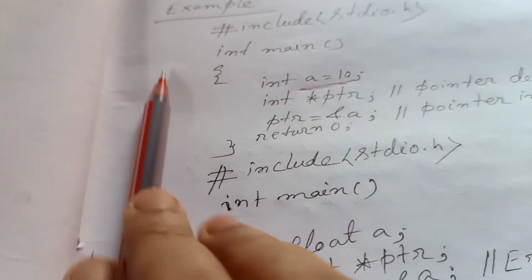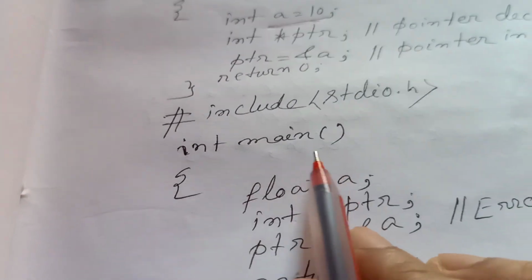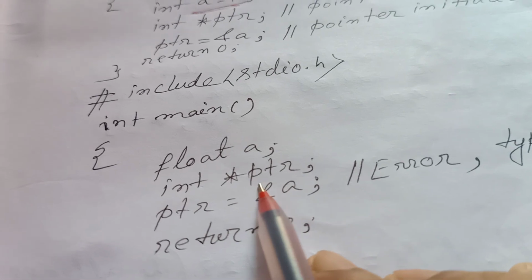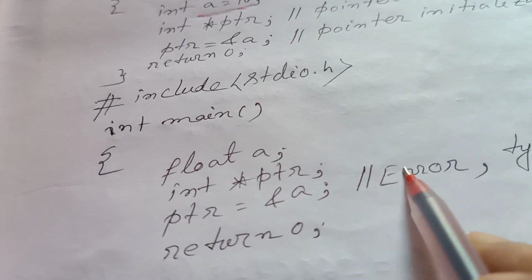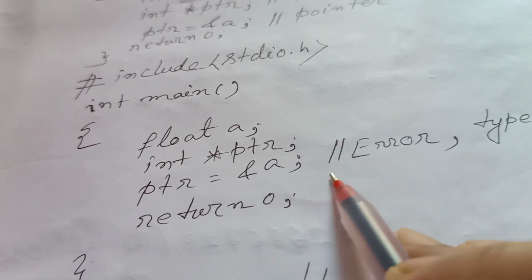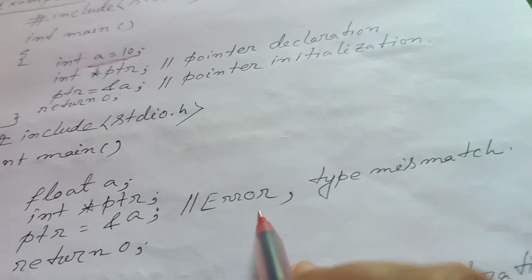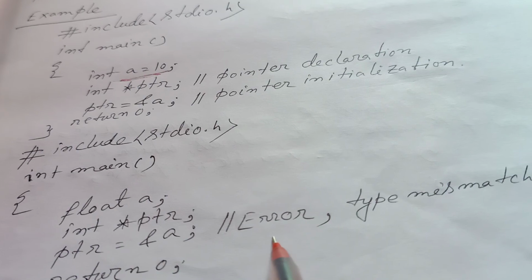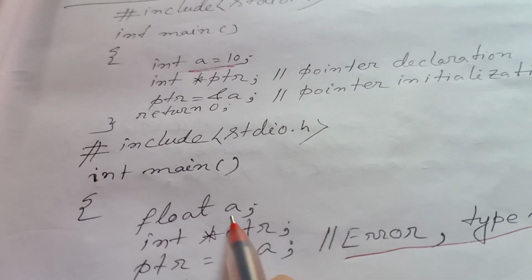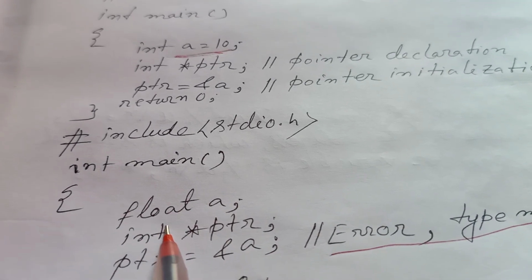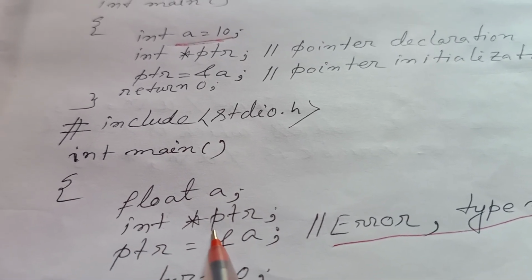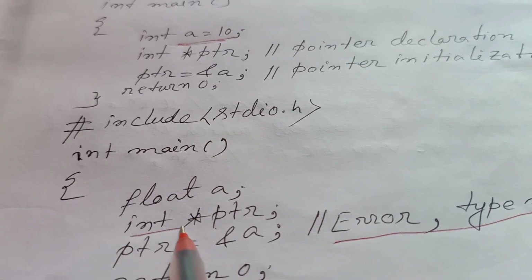Now if we write #include <stdio.h>, int main, float a, int *ptr. Now ptr = &a. This code will show an error. Why? Type mismatch here. a is float, but the pointer variable is int.